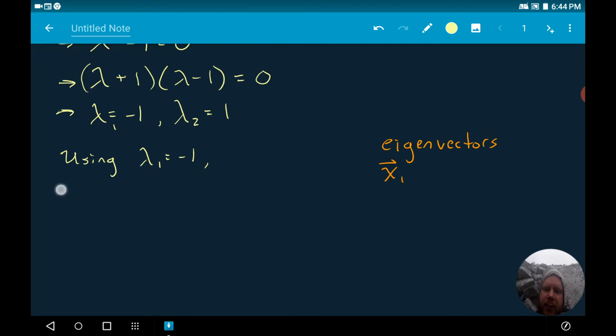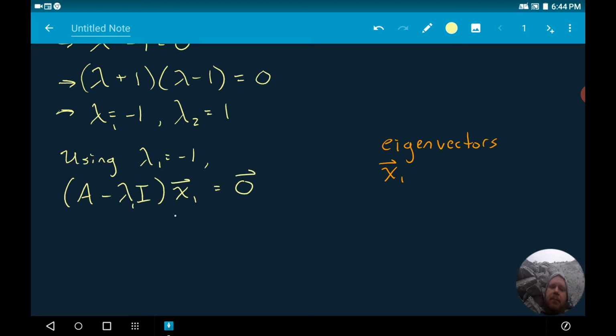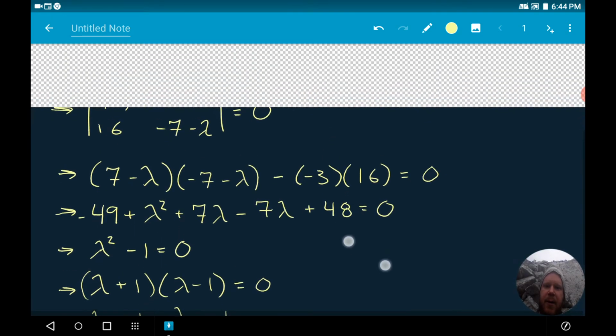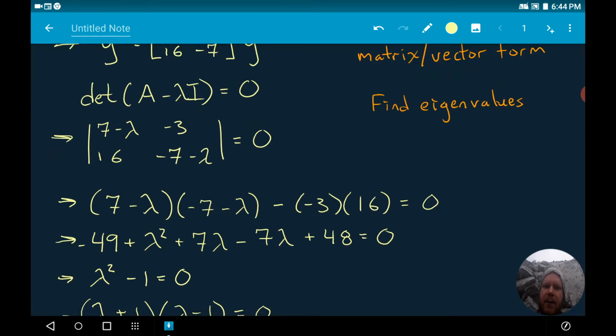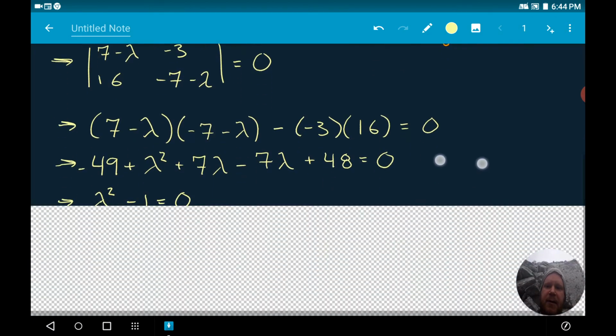I plug it into this formula here. That A minus lambda I times our eigenvector is equal to the 0 vector. So that means that we have, let's see, what were our values here? 7, negative 3, 16, negative 7.